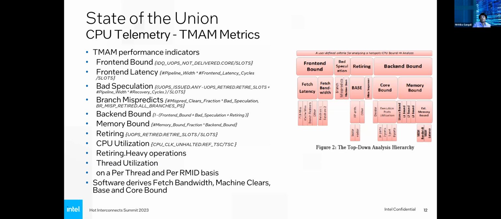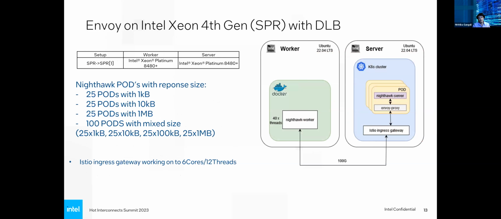Sometimes TMAM may or may not be able to give you a clear picture, and I'll show an example of that. And then what other metrics can you look at, especially if you have a network workload? Okay. Let's go to the next slide.